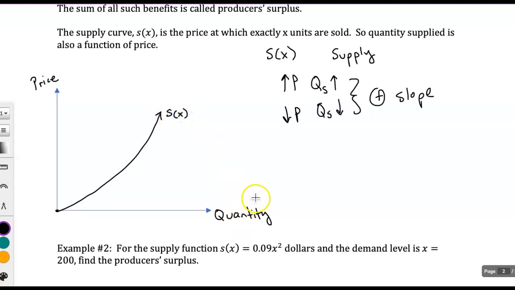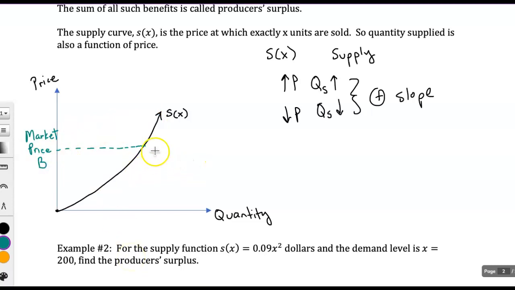So that's supply. Okay. And then what we'll do is we'll throw a market price on here. So here's our market price. This is the price that consumers are willing to pay and producers are willing to sell at. So this is my market price. And remember, we called that B because there's a lot of B's in the words market and price.